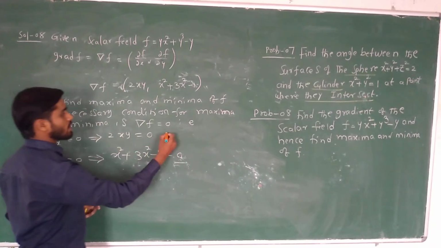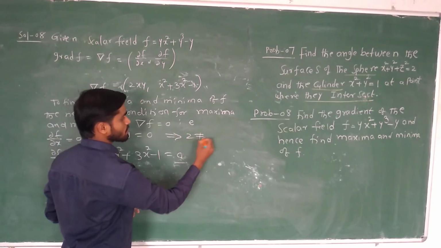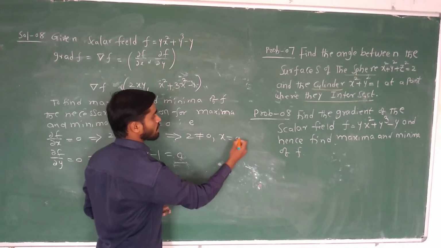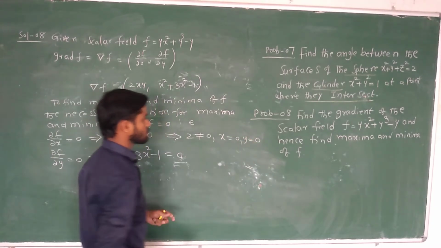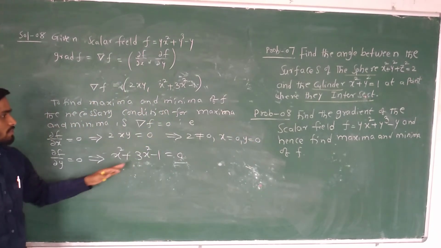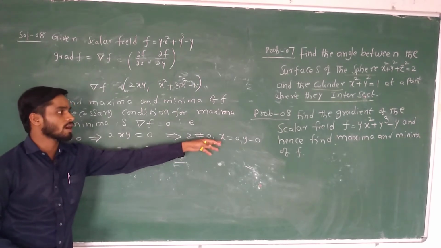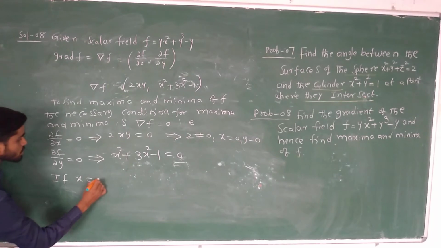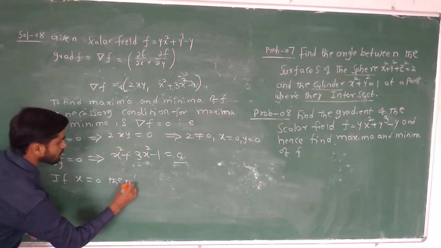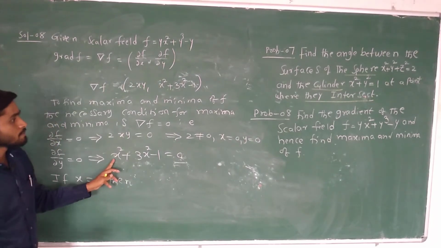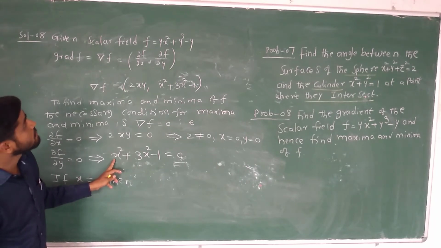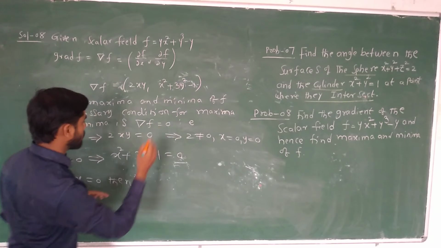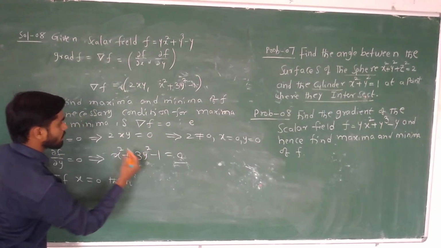Simplify this equation, you will get 2 not equal to 0 anyway, so maybe x equals to 0 or y is equals to 0. If you substitute x equal to 0 in this equation, where is the mistake? 3y square, sorry, 3y square.